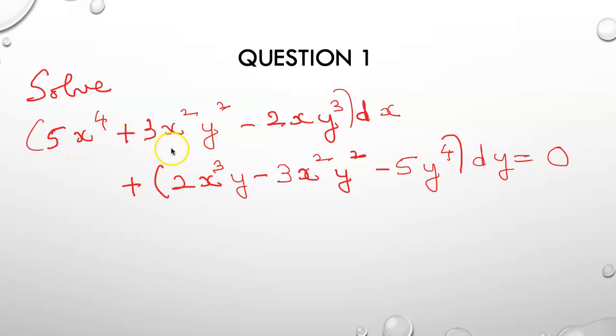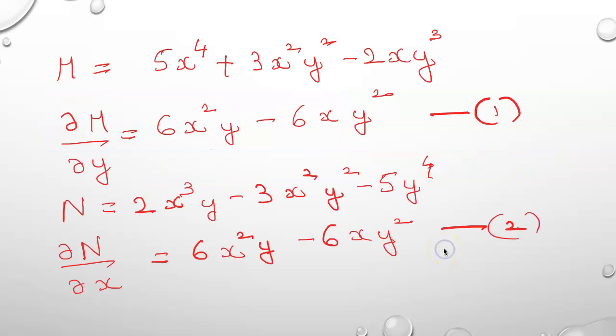Solve (5x raised to 4 plus 3x squared y squared minus 2xy cubed) dx plus (2x cubed y minus 3x squared y squared minus 5y raised to 4) dy equal to 0. So M is 5x raised to 4 plus 3x squared y squared minus 2xy cubed.